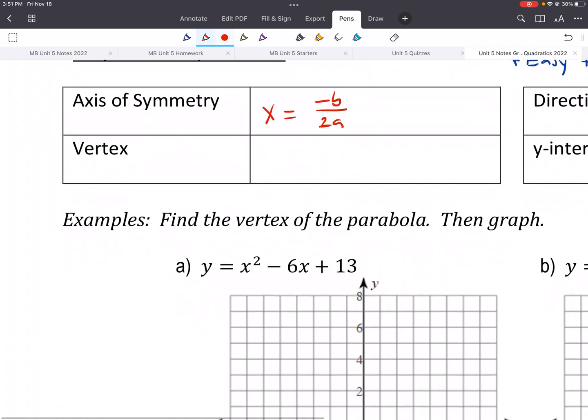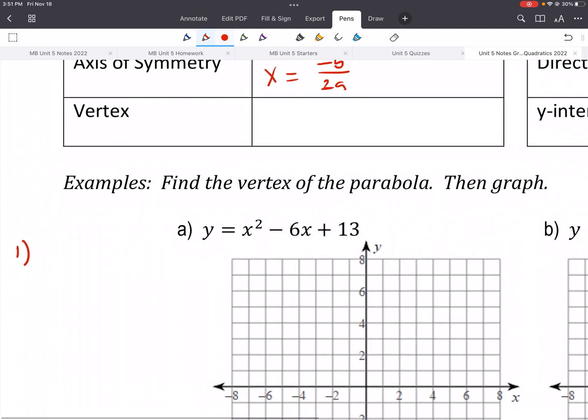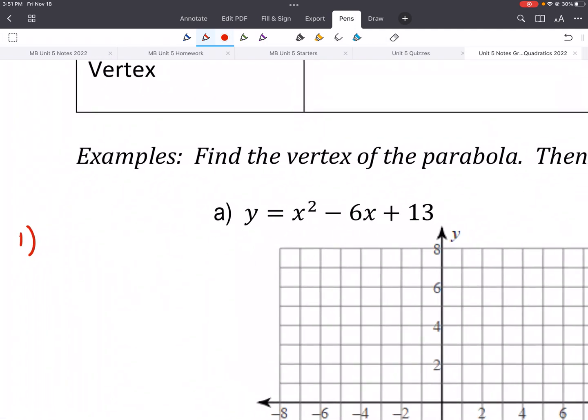So that's why it's just negative b all over 2a. Okay, let's find that for this first example. Here a is 1. You don't see it, but there's always a coefficient. And b here is negative 6, so don't forget the sign. It goes with it. So x equals negative b, and b is negative 6, all over 2a, so 2 times 1.